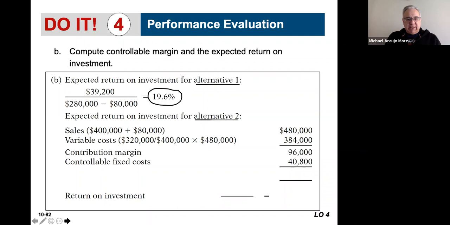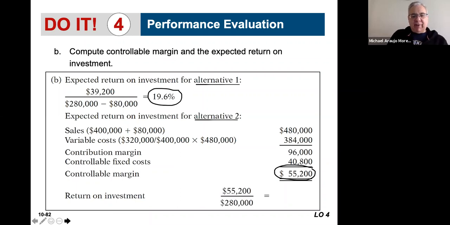If we increase sales, our new controllable margin would be $55,200, and over our traditional $280,000 of average operating assets, we would have return on investment of 19.7%, just slightly better. But I think be happy with either one, frankly.